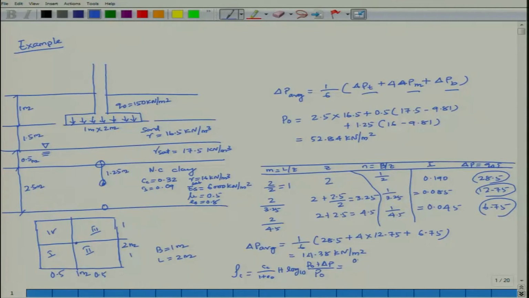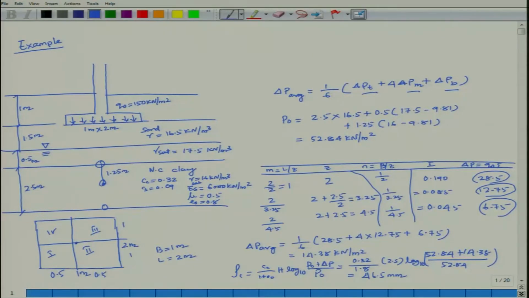Cc is equal to 0.32 by 1.8, because E0 is 0.8, into H. H is 2.5 at the middle, and log 10 of (52.84 plus 14.38) divided by 52.84, which comes out to be 46.5 mm.